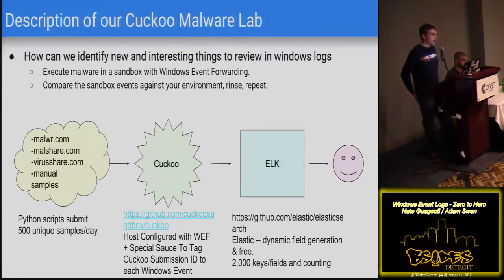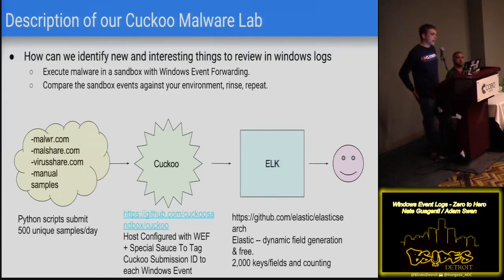And then within the agent there, we have Windows event forwarding. It's pretty good. When we see an interesting event, we have the submission ID for Cuckoo tagged in there. So it's just one click and you can start looking at that malware sample if it's interesting.